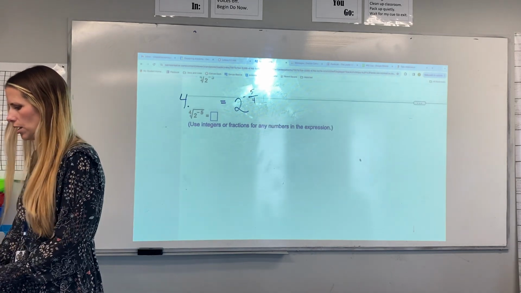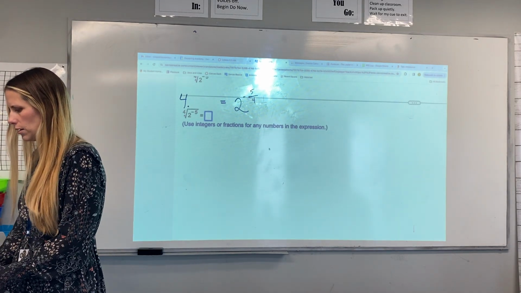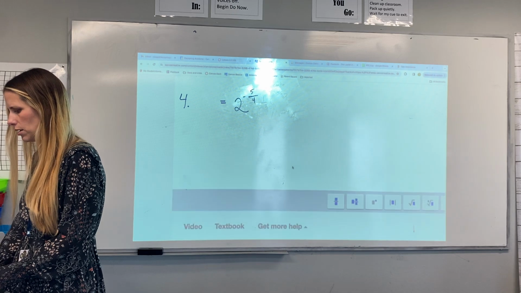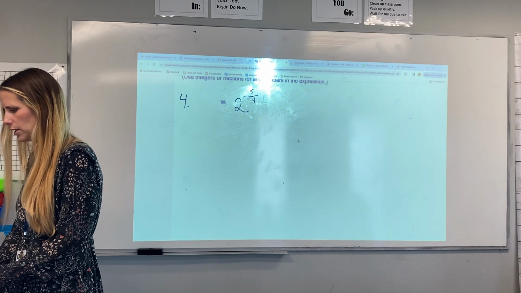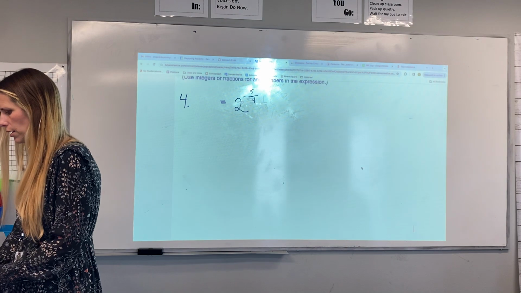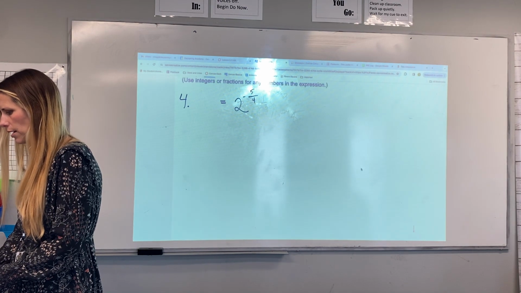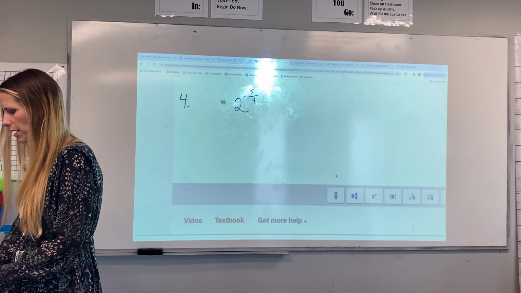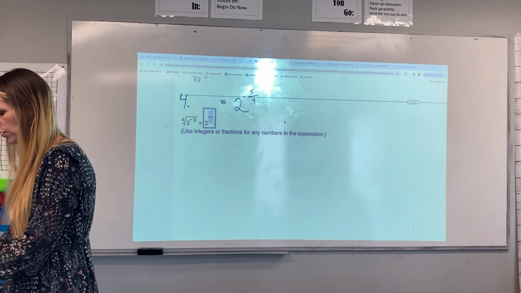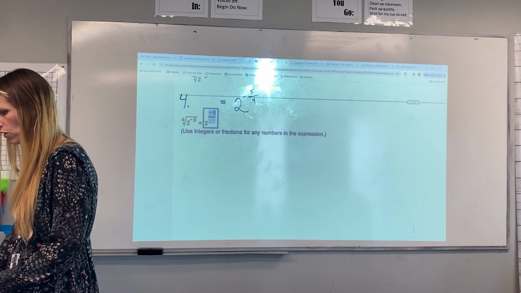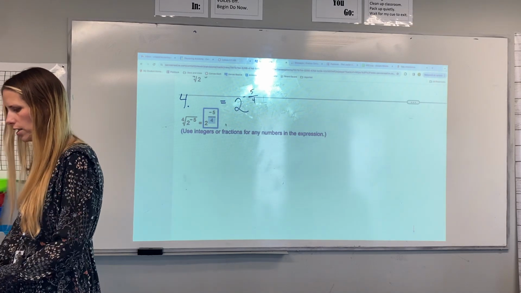So I put my 2 here, then I do my exponent button, then my fraction button, and do negative 5 over 4.